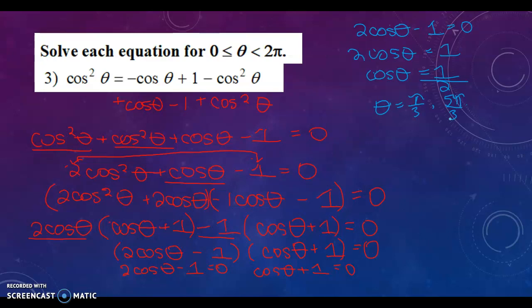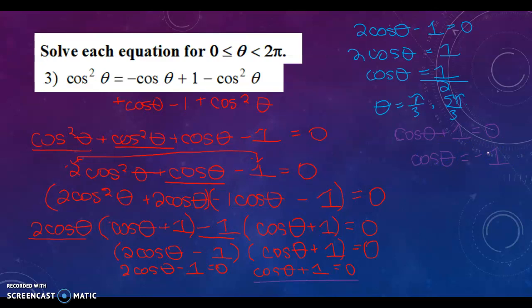All right, now I still have one more that I need to solve for, because remember I did have 2 factors here. All right, I also have to solve for this cosine theta plus 1. So I'm going to come over here and I'm going to say, all right, cosine theta plus 1 equals 0. I'm going to move my 1 over. So cosine theta equals negative 1.